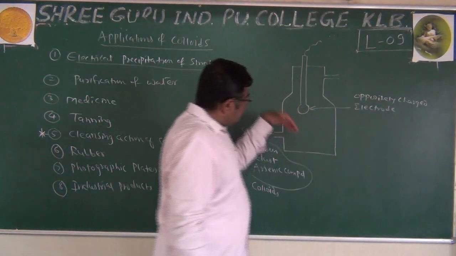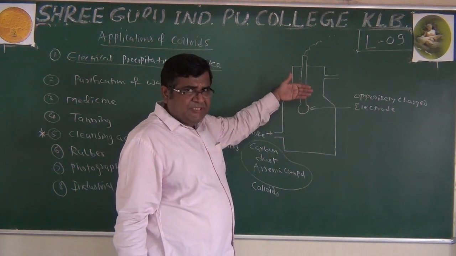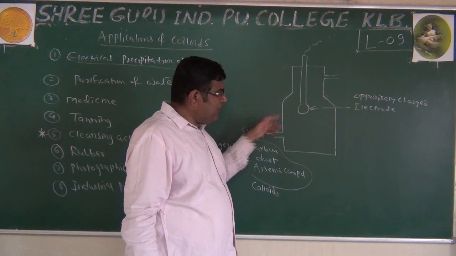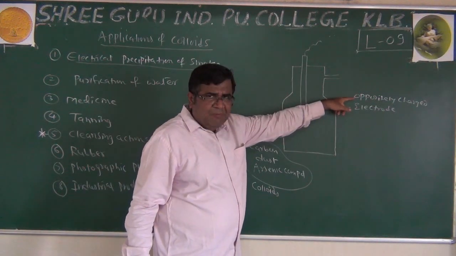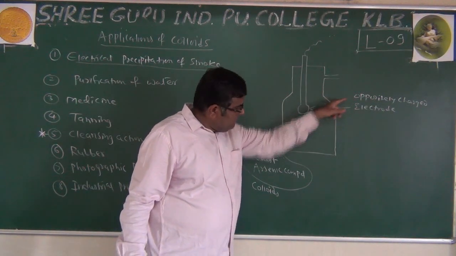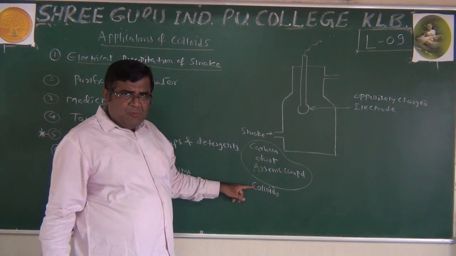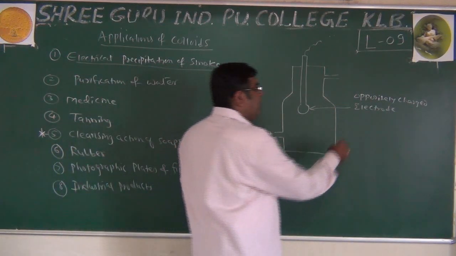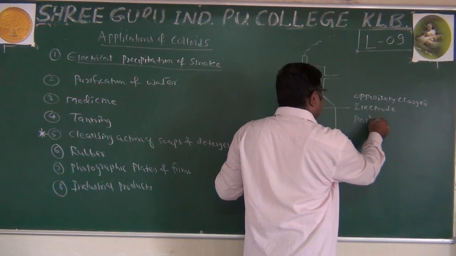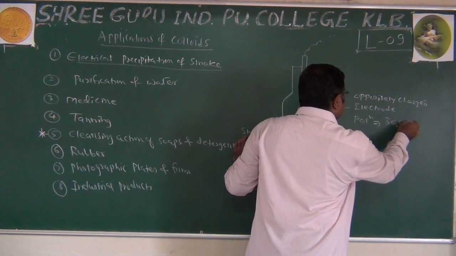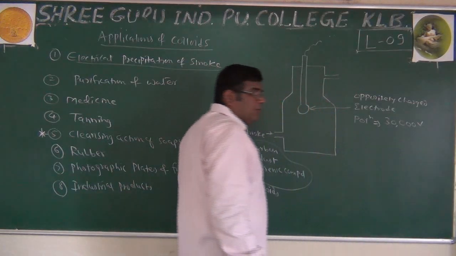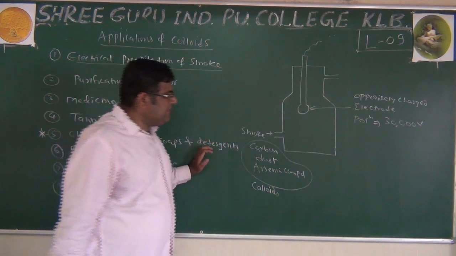Of course, one more charged electrode is there on the back side. We are not interested in that. Oppositely charged is what? Which charge are we talking about? That charge which is opposite to the charge of the colloidal particle. And look at the potential. Very high potential. 30,000 volt potential is applied.